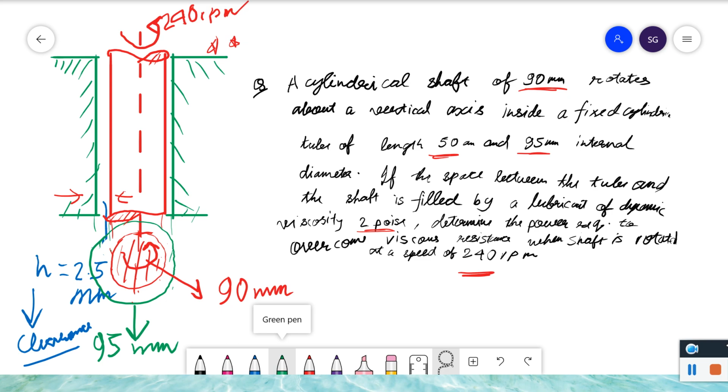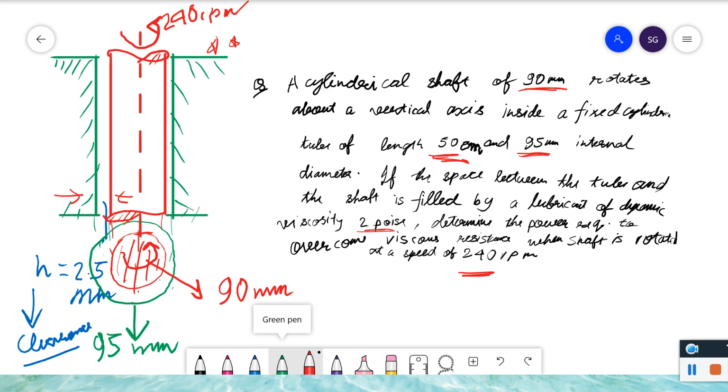Okay, so wait, let me see the question. 50 centimeter, I'm not getting it so clear. It is 50 centimeter. Be careful with the units. See, again the unit is changing: 50 centimeter and 95 mm.